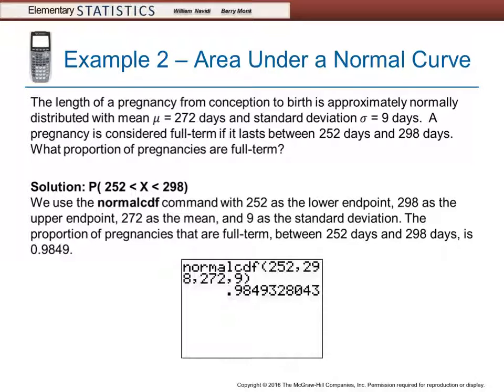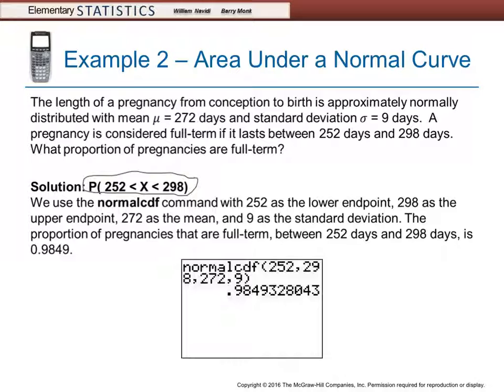So again, we can use the TI-83 or 84 to solve the second problem that we did by hand, the probability statement: what is the probability that pregnancies are at full term? So we can use the normalcdf command again using 2nd VARS.